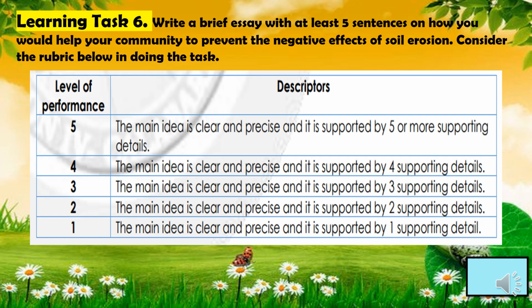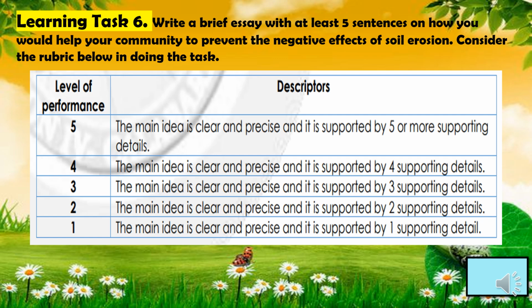You will get 5 points if the main idea is clear and precise and it is supported by 5 or more supporting details. You will get 4 points if the main idea is clear and precise and it is supported by 4 supporting details.